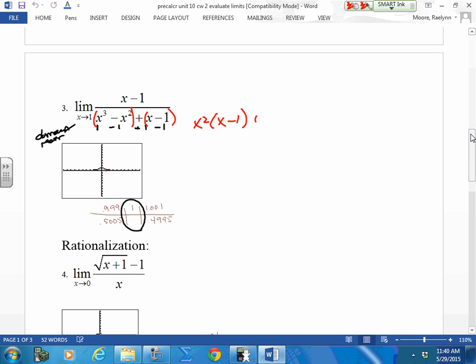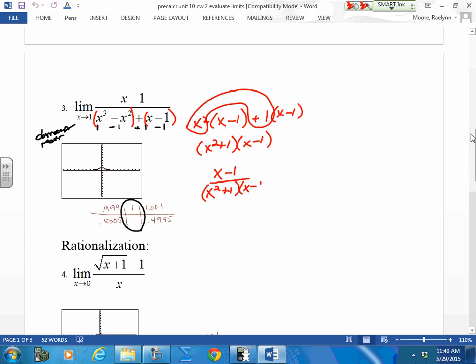So I'm just going to factor out a 1. Take out your common factor, and then this is the factor that's left. So we're going to take this over this. Can we now eliminate a factor? X minus 1. Good. This is your point of discontinuity.